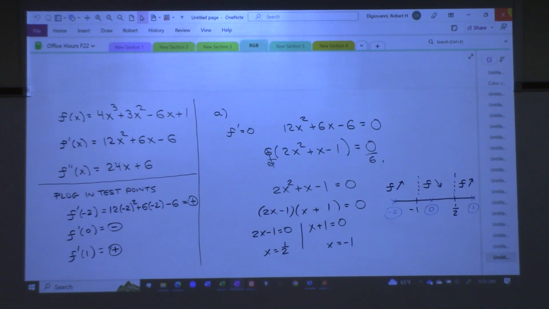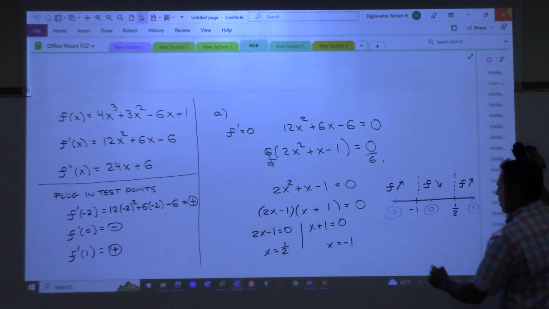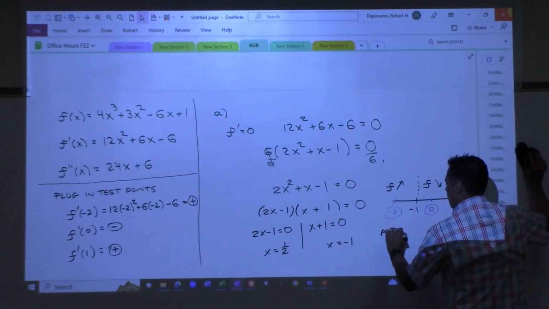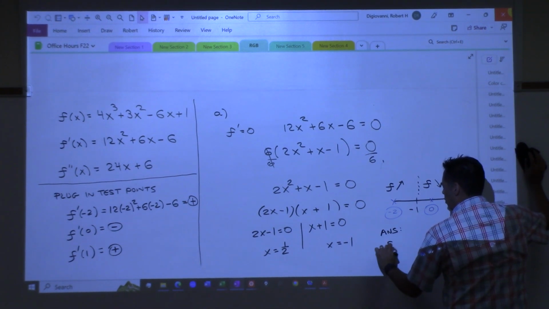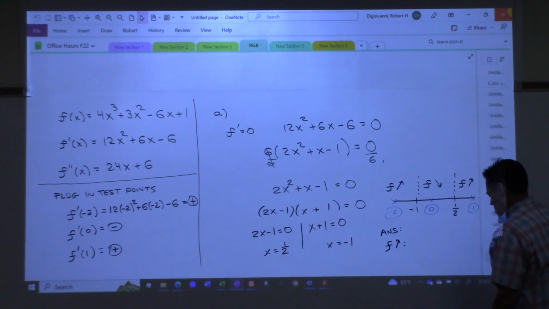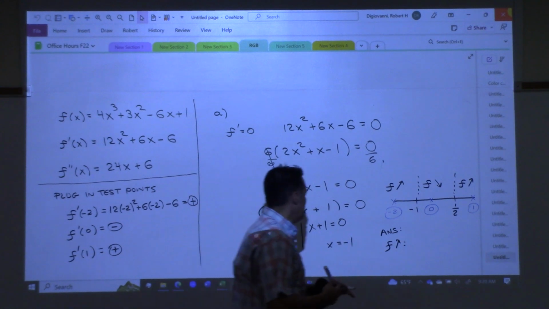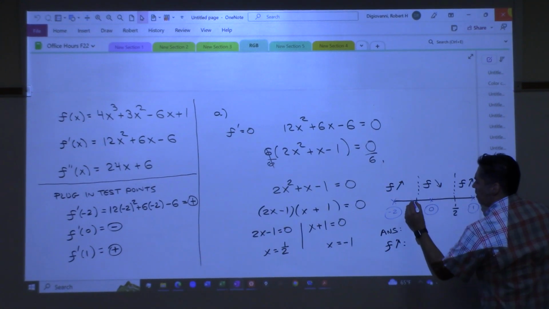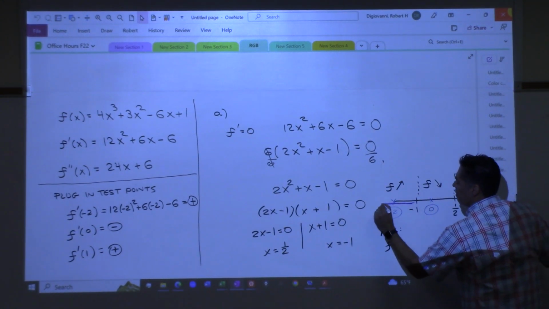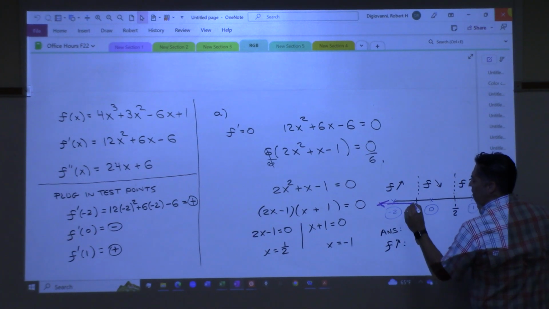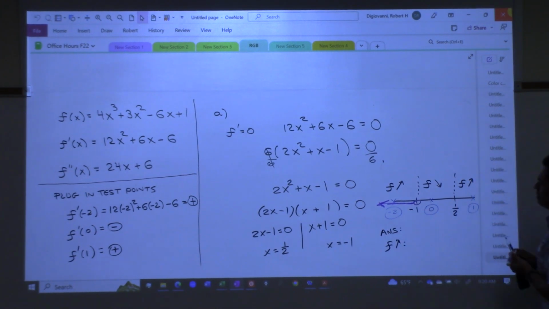Good? All right. Part A, can we answer part A? Part A said, where is it going up and where is it going down? So here's my answer, finally. Where's the function going up? We actually look at it like an interval. We look at the x-axis. So it's this region here, all the way to the left till you get to -1.